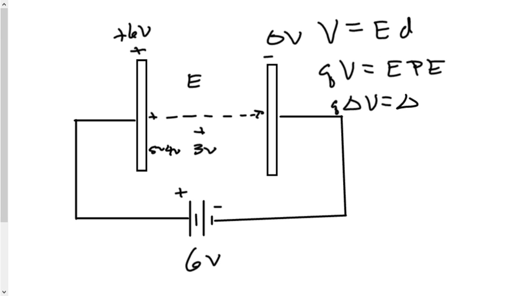So if I'm going 6 volts across, whatever the value of my charge is, I just multiply that. Remember that volts does equal joule per coulomb. So if I've got 1 proton going across, I will multiply this by 1.6 times 10 to the minus 19 coulombs, and that would be how many joules I have. So whatever the value of the charge is going across, multiply that by my change in voltage, and that'll be my electric potential energy. So it's really this equation here.